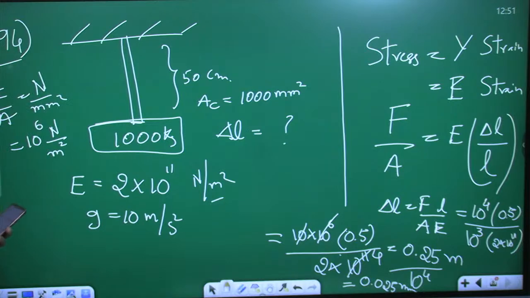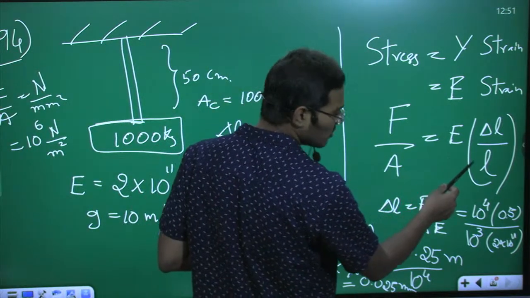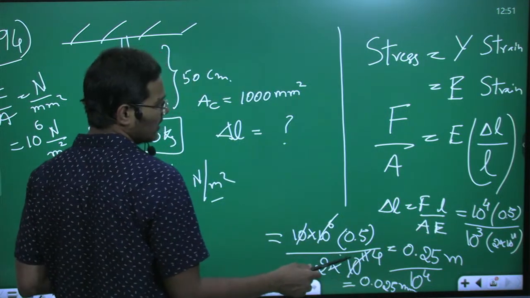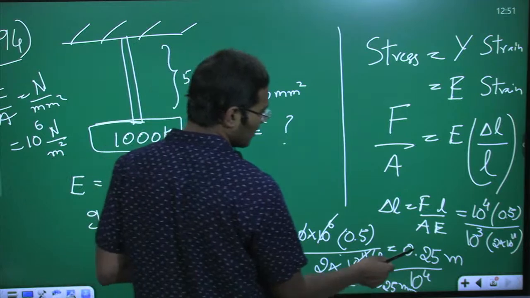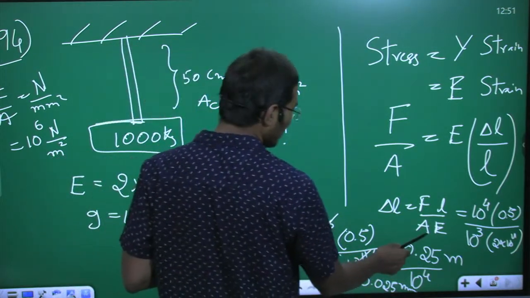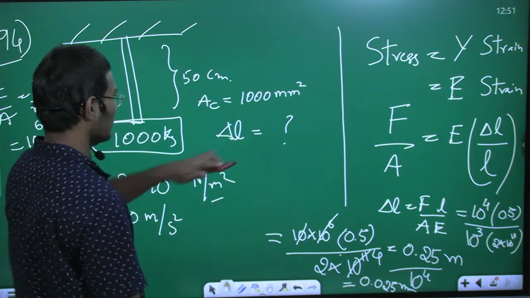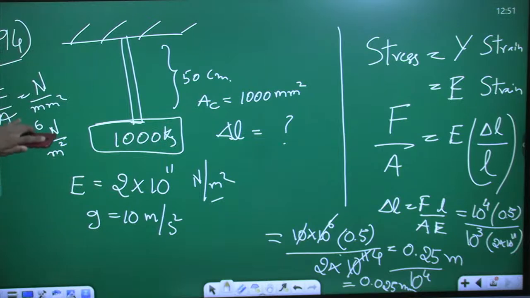See, you are trying to apply the formula F by A is equal to stress is equal to E strain, right? So this is a direct question, but you need to take care of units. See, F is in newtons, area is in mm square. So we need to convert it into meters. So Newton per mm square is equal to 10 power 6 into Newton per meter square.